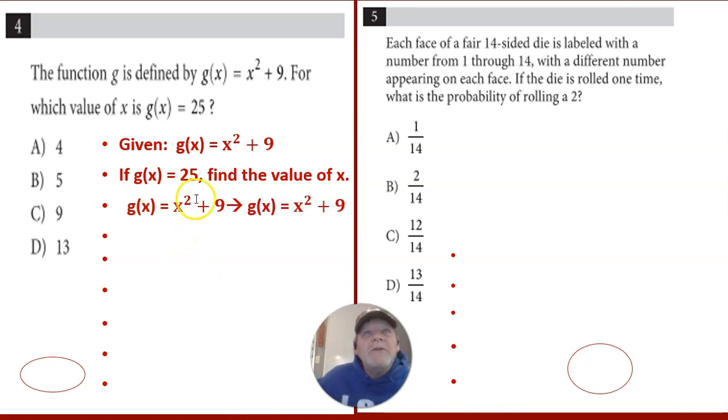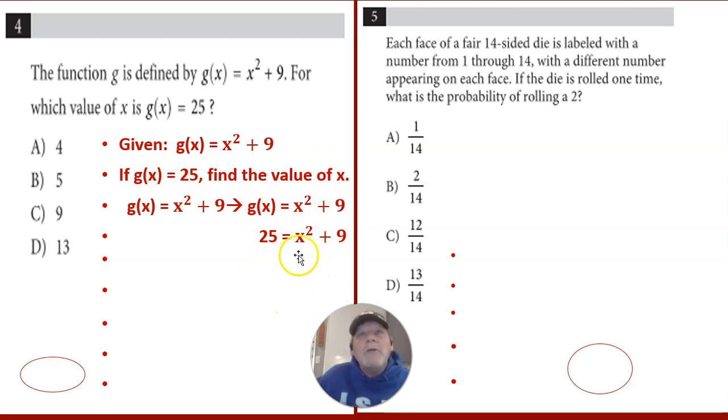So since g of x equals x squared plus 9, I can put in for that g of x 25. All I do is substitute it in, because right here it tells us that's the value.